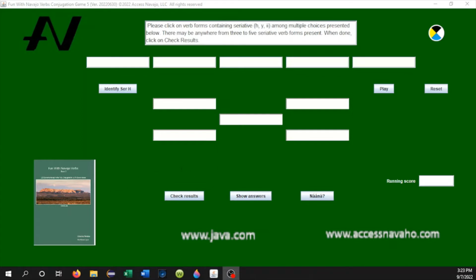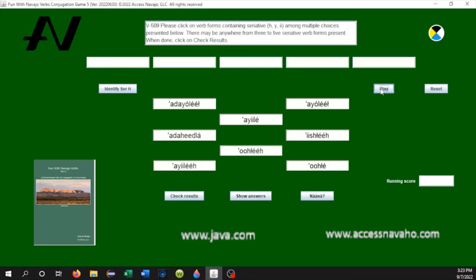To play mode 1, which asks you to identify verbs that have the seriative prefix in them, you simply click on play, and you'll notice that 8 boxes have appeared down below and been populated with various verb forms. Now if you look up here in the info box at the top, you'll see that the verb that you're being asked to look at specifically is verb 509.